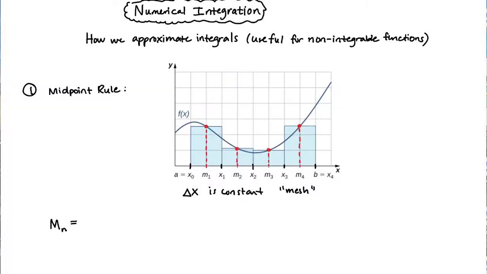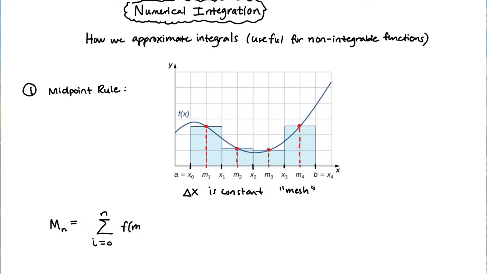So in general, what is the midpoint rule? The midpoint rule is adding up the area, and we're going to range from i equals 0 to n, where we're adding up the area, so we need a width times a height, right? So it's going to be f of x sub, well, we should not use x, we've called them m's, right?